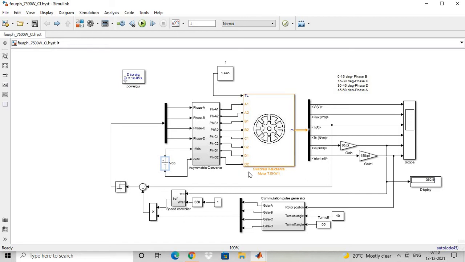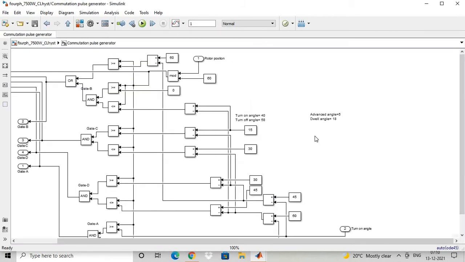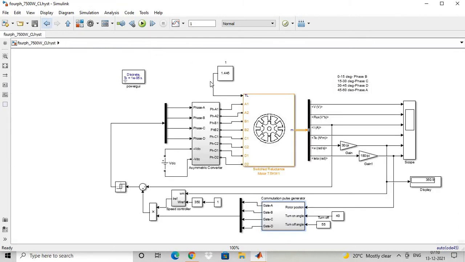While providing the supply for this 4-phase motor, the signals come from the commutation pulse generator. For this commutation pulse generator, the turn on angle is 40 and turn off angle is 55.